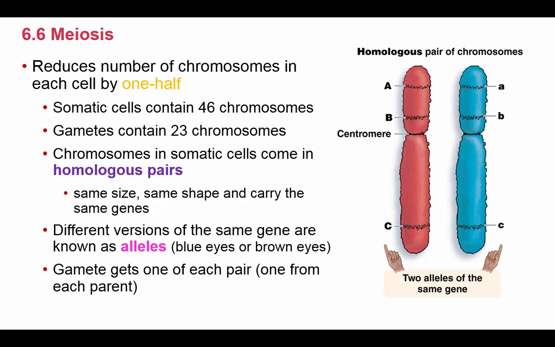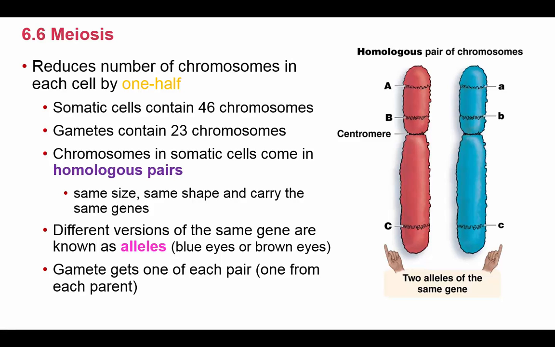So if you take a somatic cell, remember somatic cell is just a normal body cell, it contains 46 chromosomes. Okay, so that's the normal number of chromosomes for a normal body cell or somatic cell. What meiosis does is it produces gametes that only contain half of that number, which would be 23 chromosomes.